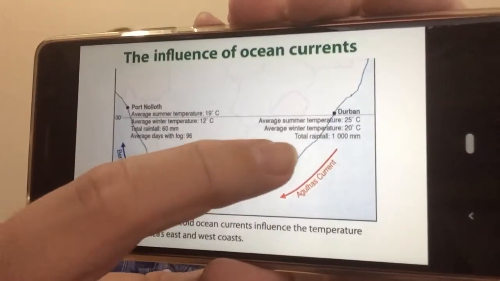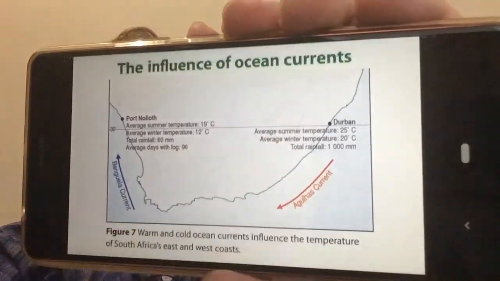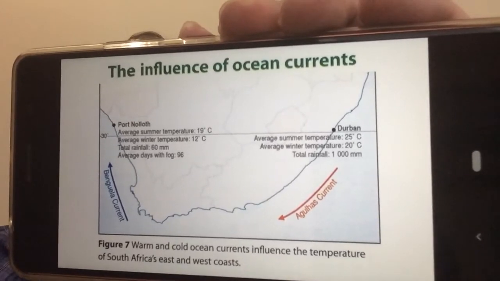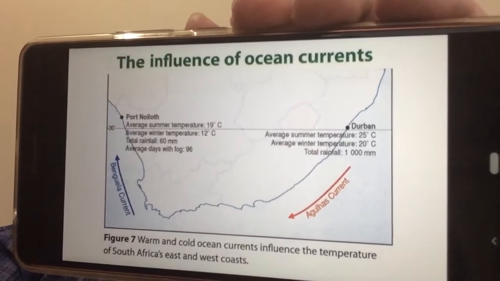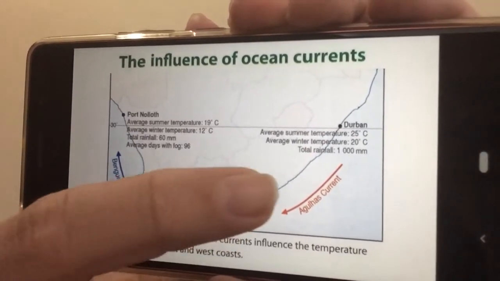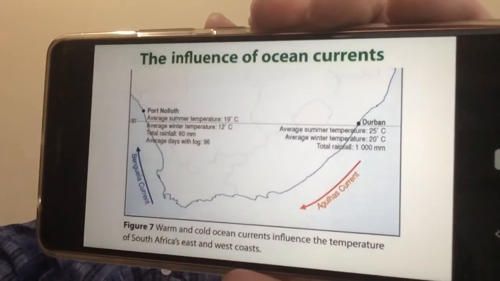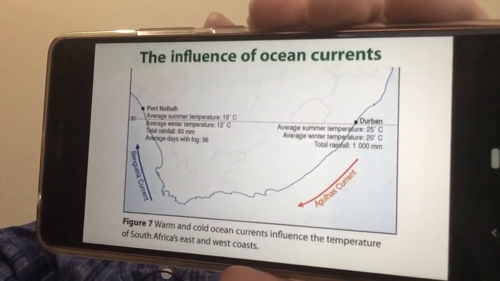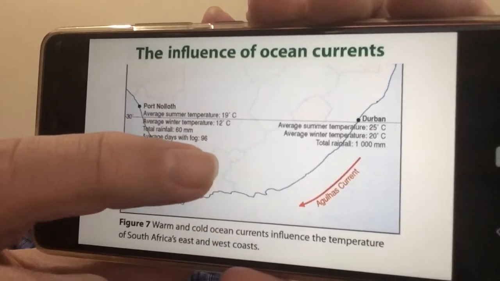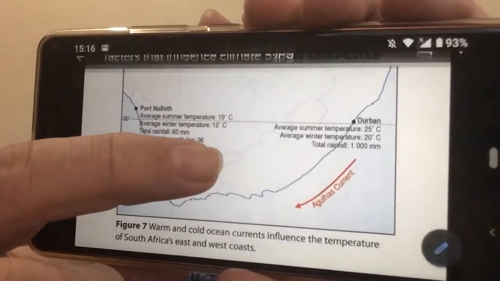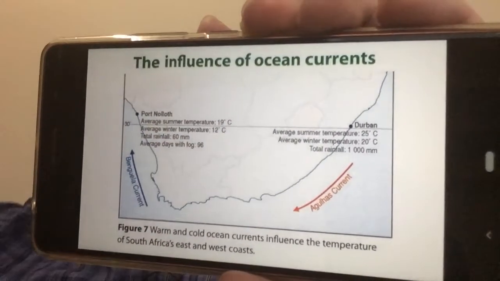But if you think of Durban near the warm Agulhas Current, then we have much higher temperatures, 25 degrees, much more rainfall, and so the oceans have a big role to play. Whether it's a warmer or a colder ocean makes a big difference to our climate.